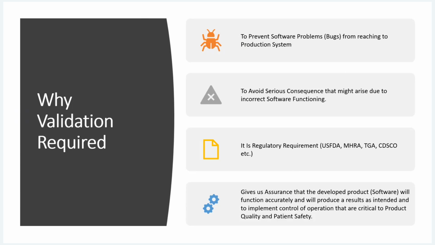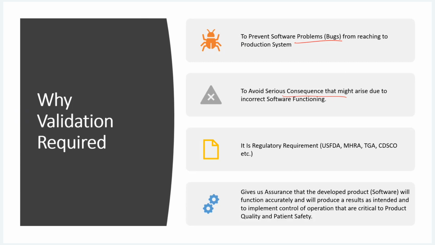First, we are doing the validation, especially software validation or computer system validation, so that I can prevent software bugs. A single software defect may impact your patient safety or your product quality. To avoid the serious consequences of a wrong product, we do the validation.